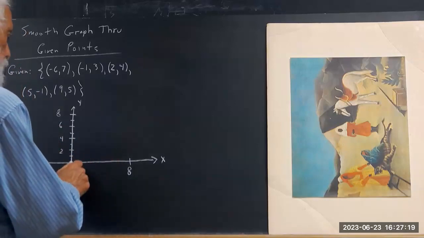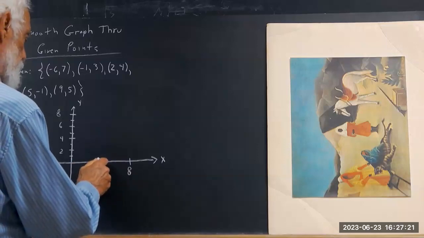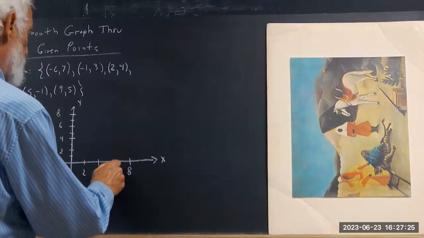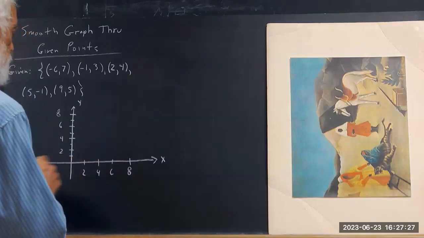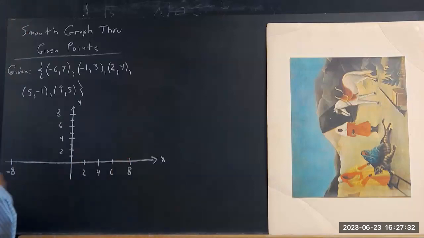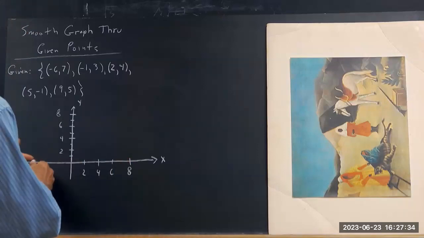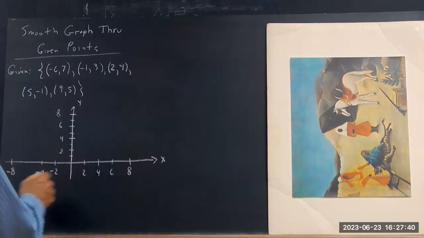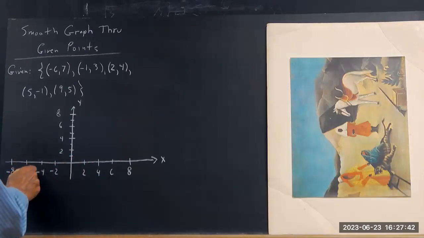Then I subdivide the interval from 0 to 8. 4 here, 2 here, 6 here, relatively even. This interval is a little bit too big. And same thing here. Between 0 and 8, -4 is going to be up here. -2 should have been up to the right, but that's okay. -6 here.